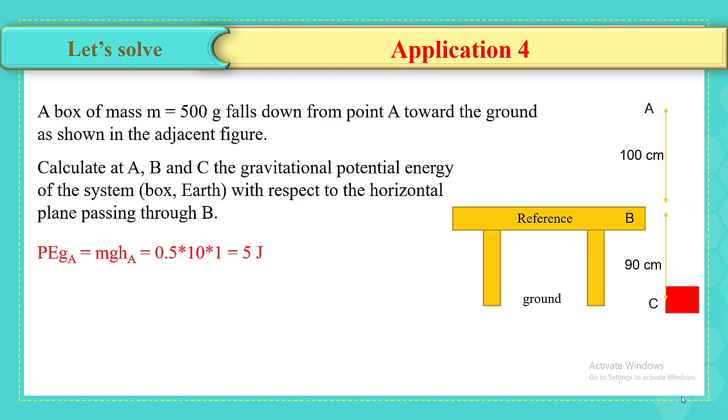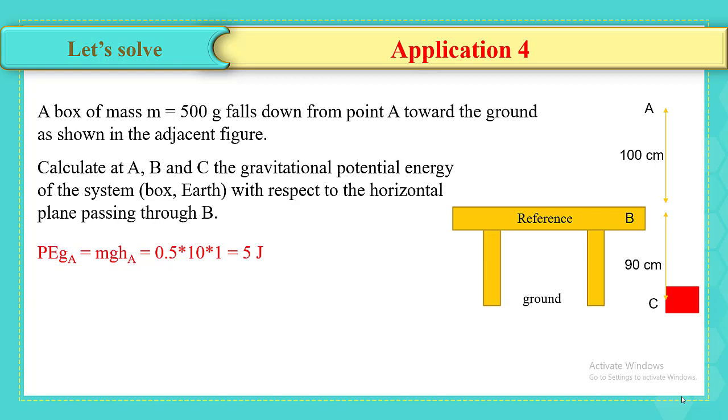The expression of the gravitational potential energy at point A is equal to mgh_A. We substitute: we have mass equal to 500 gram, which is equivalent to 0.5 kilogram. And the intensity of gravity is equal to 10 and the height is 1 meter, which is equivalent to 100 centimeters.